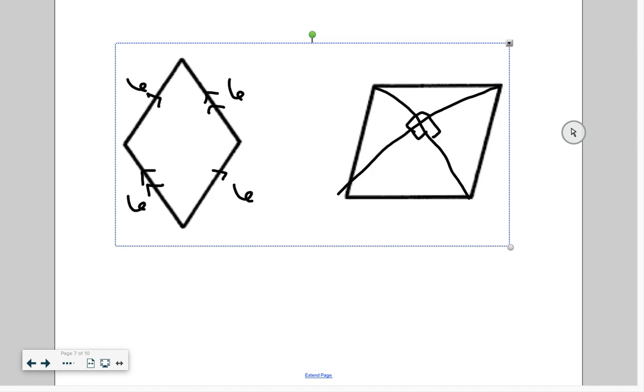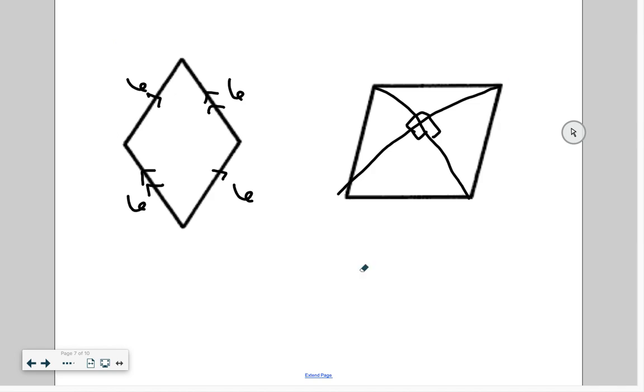The last characteristic was that the diagonals bisect the angles. Meaning that when I drew that first diagonal, it bisected both of these angles.